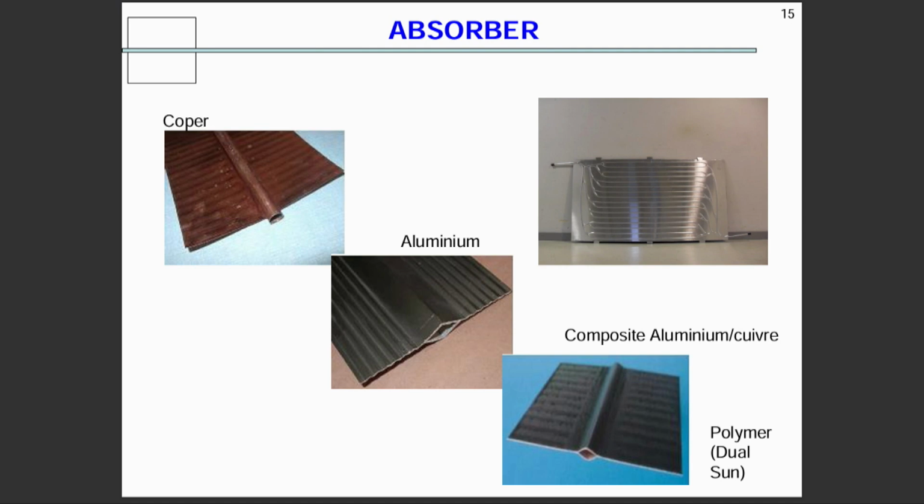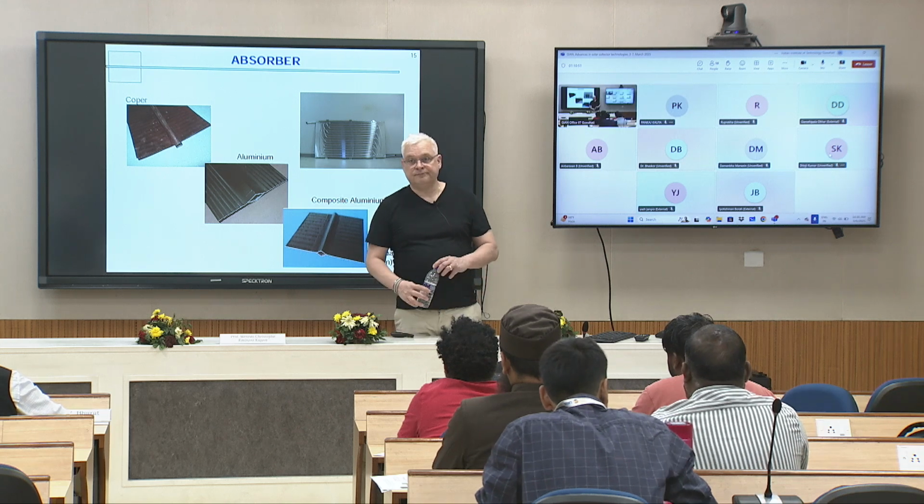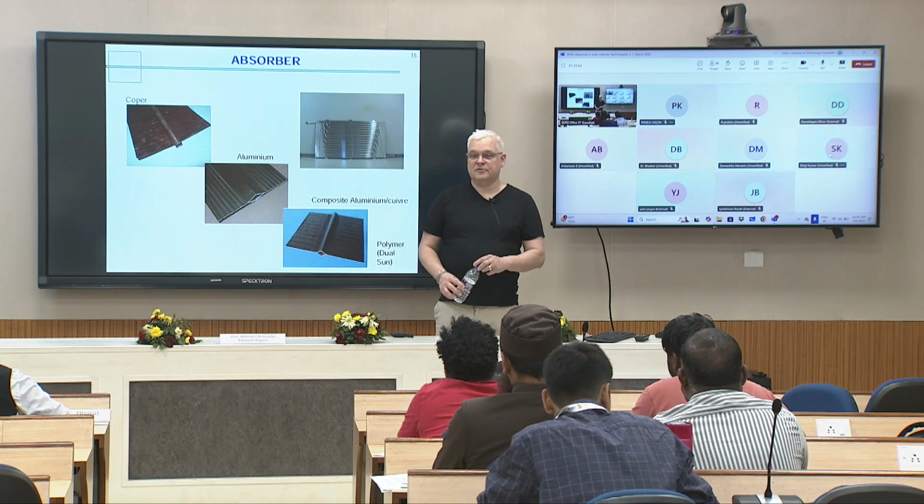You see the heat exchangers, you have different kinds: aluminum, composite between aluminum and copper, and even Dualsun has made a polymer heat exchanger. Polymer is not very famous for heat conduction, but it's famous for the price.